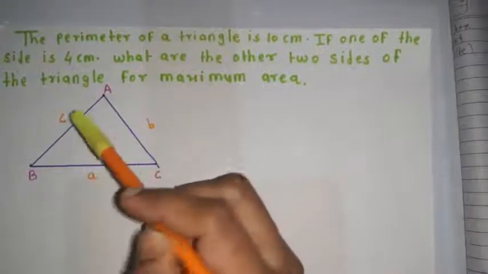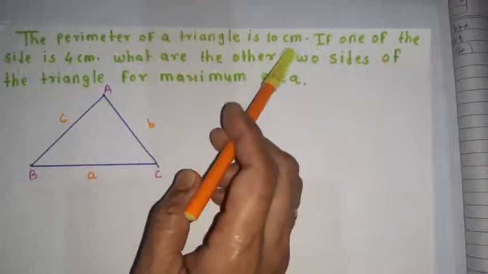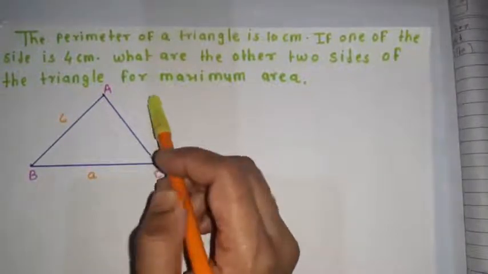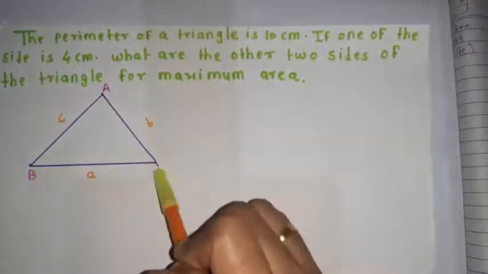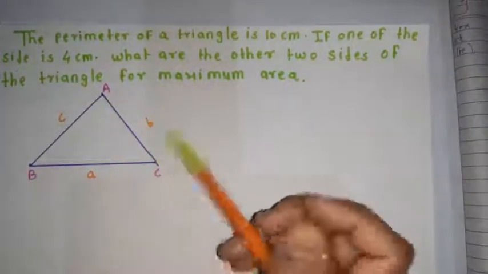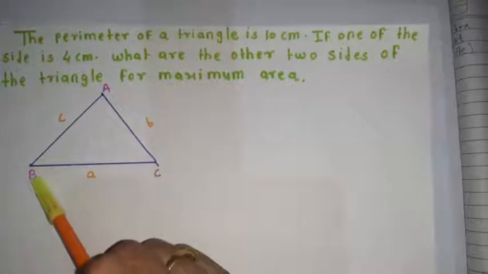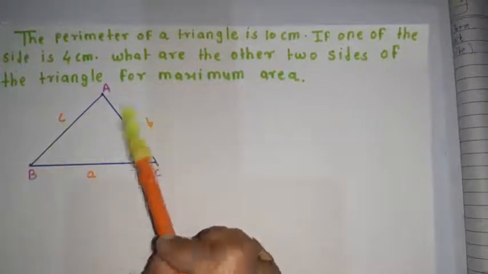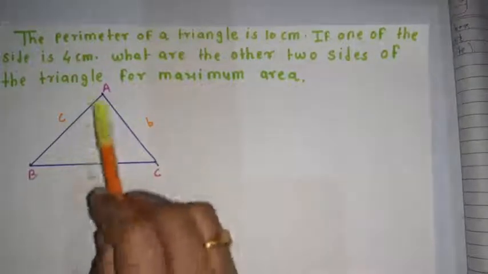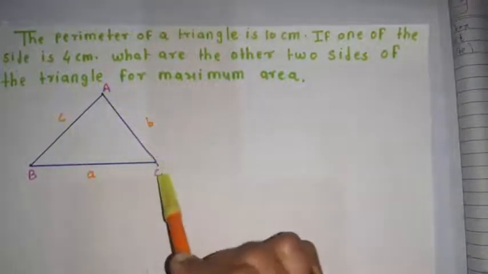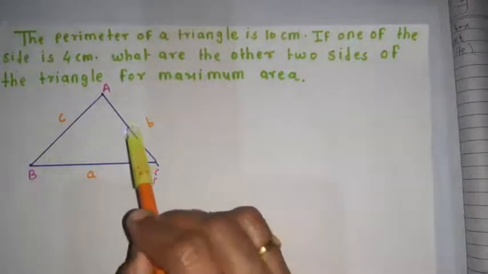Okay students, here the perimeter of the triangle is given. Suppose we consider triangle ABC. You know the angle A, angle B, angle C. The opposite side of angle B is side b, side a is opposite to angle A and side c is opposite to angle C. We know that.